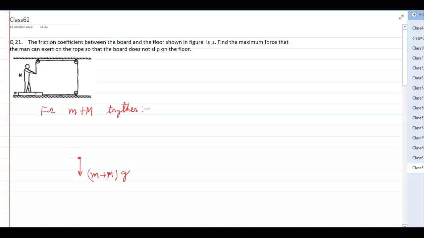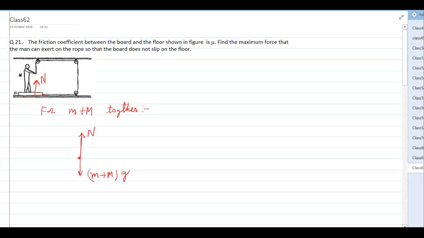Okay. Then there will be the normal from the ground. Only the external forces count; the normal between the man's feet and the plank will not be written because this is internal now. Between the plank and the man, that force will not be written. The normal which is from the ground, that we are writing. So normal is here.